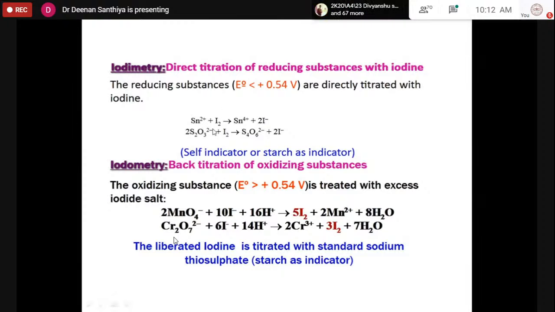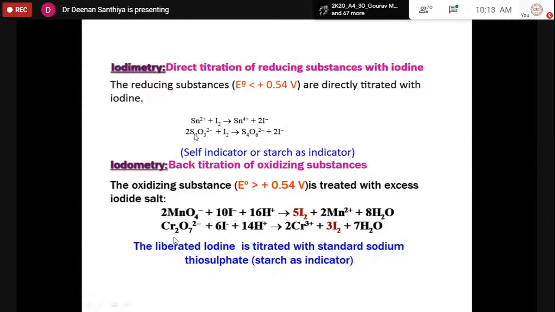Iodimetry: the iodine is directly used and titrated against sodium thiosulfate. The reducing substances are directly titrated with the iodine. This is a reducing substance.